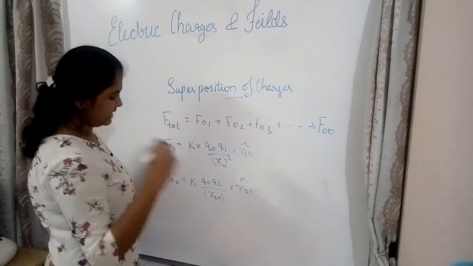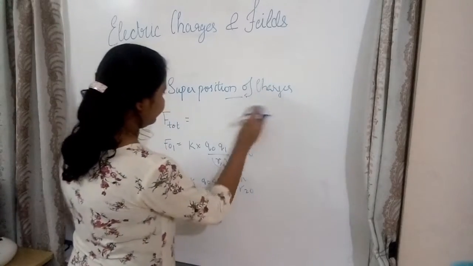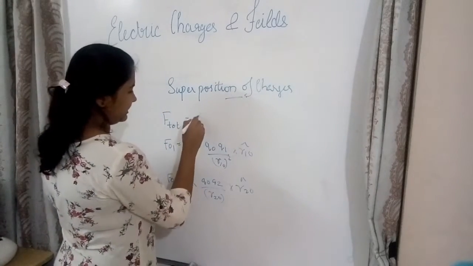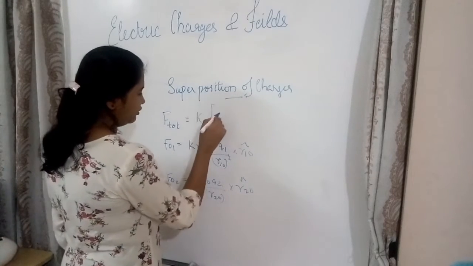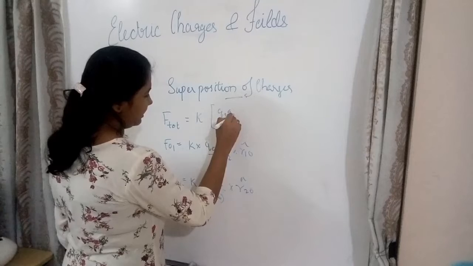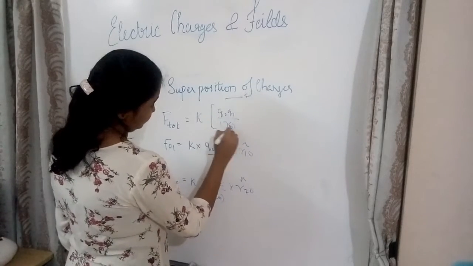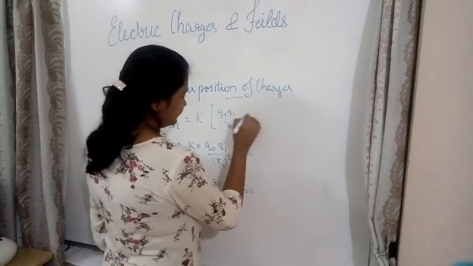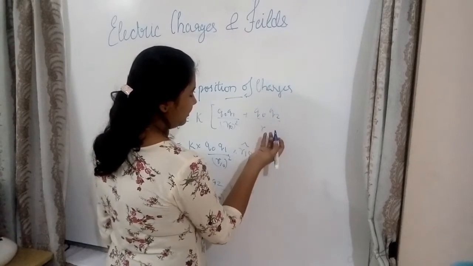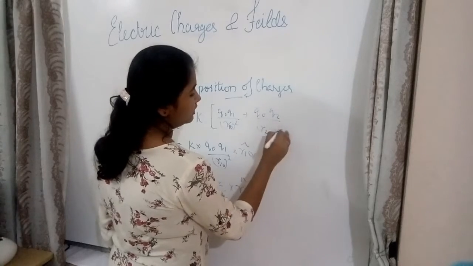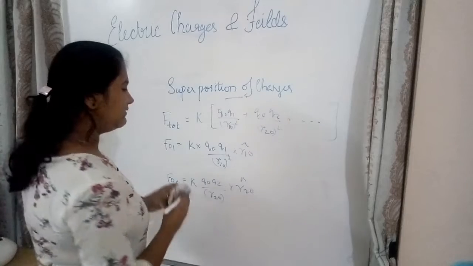Similarly it goes. So we'll find out F total. F total is equal to K, K is common because everything has K. K into Q0 Q1 divided by R10 square plus Q0 Q2 divided by R20 square, plus it goes on.